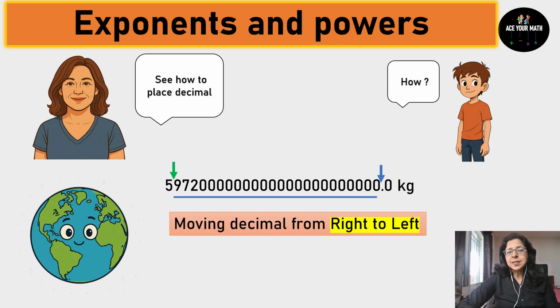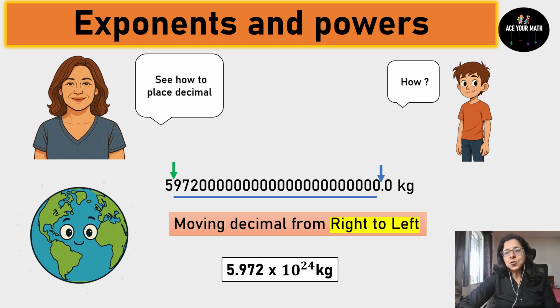So you can write the same number as 5.972 times 10 raised to the power 24. Since you are moving this decimal from right to left, you will write it as 10 raised to the power positive 24. And by how many places are you shifting the decimal? By 24 places. That is why it is 10 raised to the power 24.